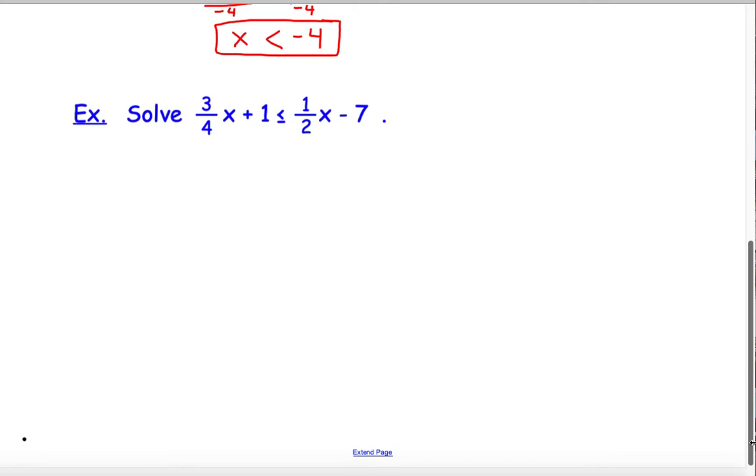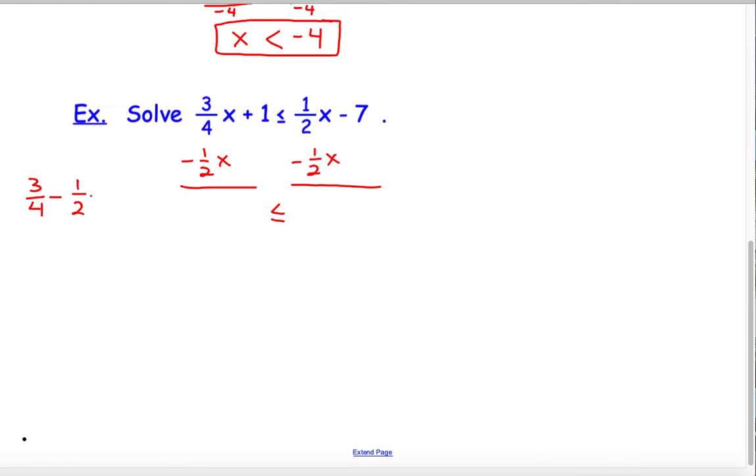That's okay, let's proceed the same way. First, let's get the x's together on one side. So I'm gonna do it just like I did before. Let's subtract 1/2 x from both sides. That's not going to change my inequality. Adding or subtracting numbers doesn't affect it. And now I have to subtract 3/4 minus 1/2. Well, if you remember from fraction work, we can't subtract or add fractions unless they have a common denominator.